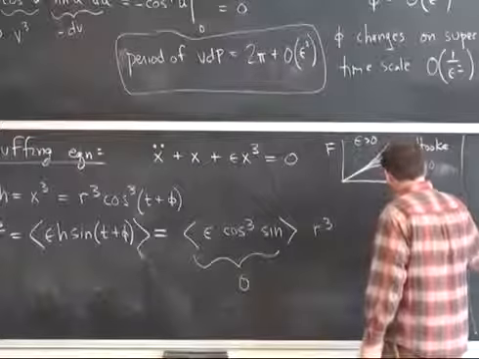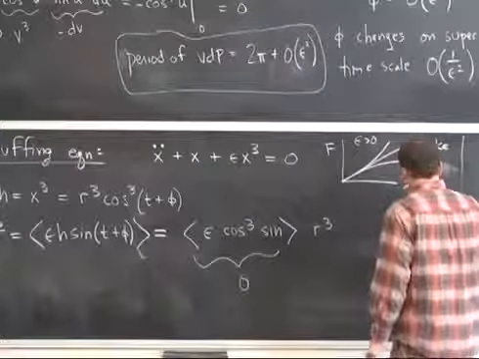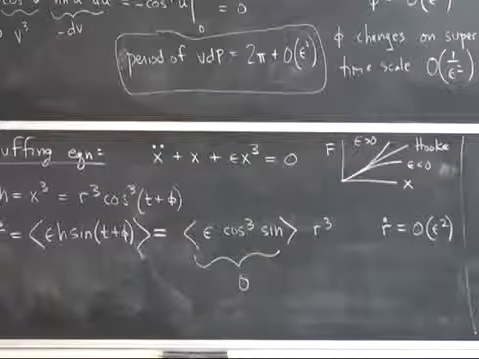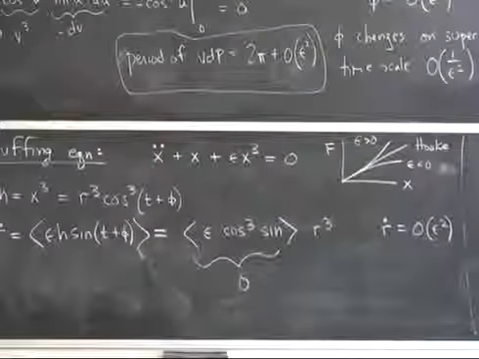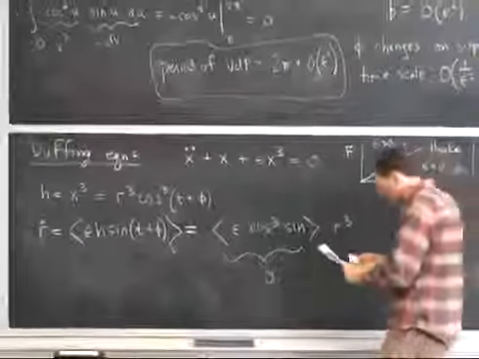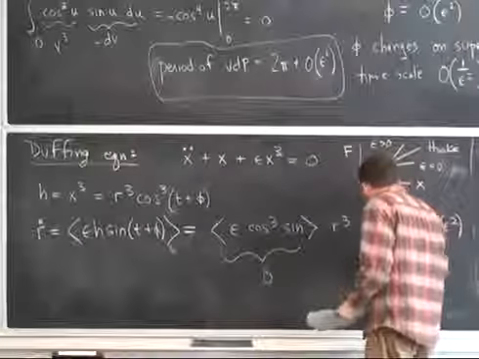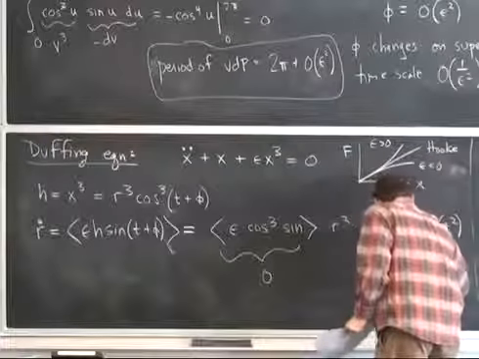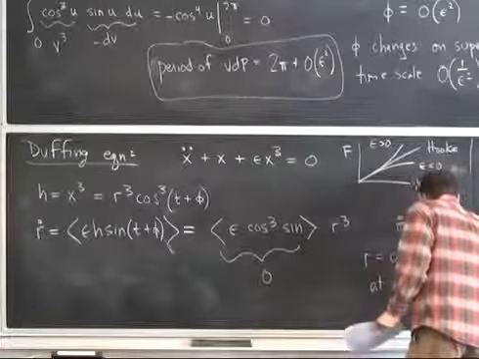R dot is order epsilon squared. That is, the Duffing equation does not cause a change in amplitude to lowest order, only on a longer time scale. That is, r equals a constant at this order in perturbation theory.